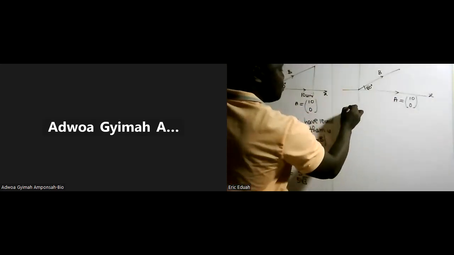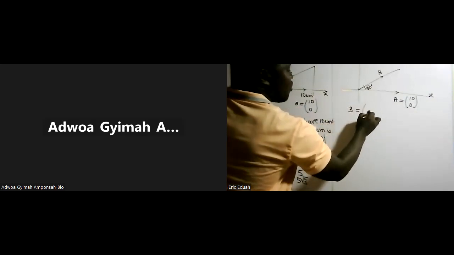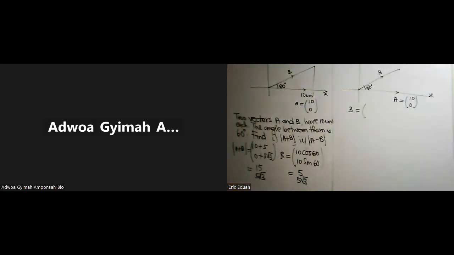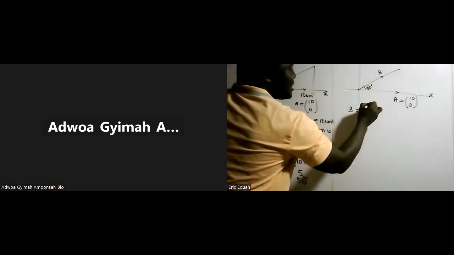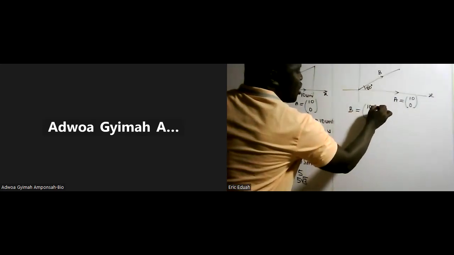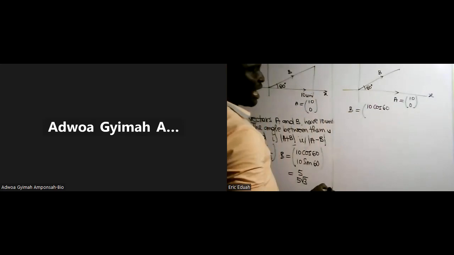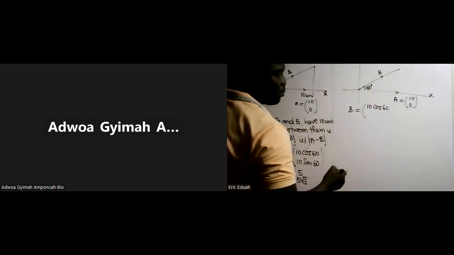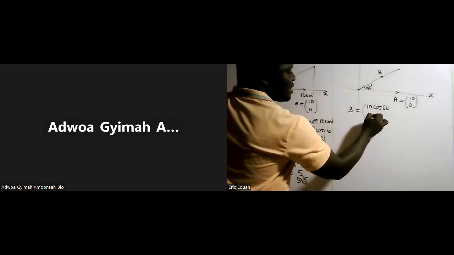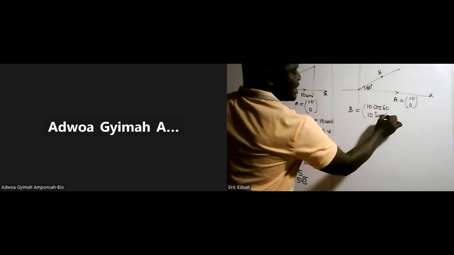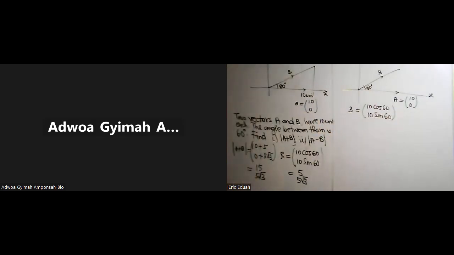So if I want to resolve B into components, once it makes an angle of 60 degrees with the X, I have 10 cos of 60 as its X component and 10 sine of 60 as its Y component.